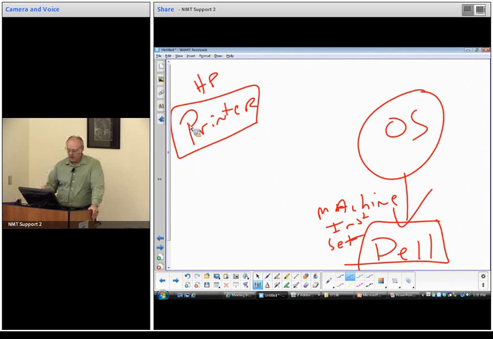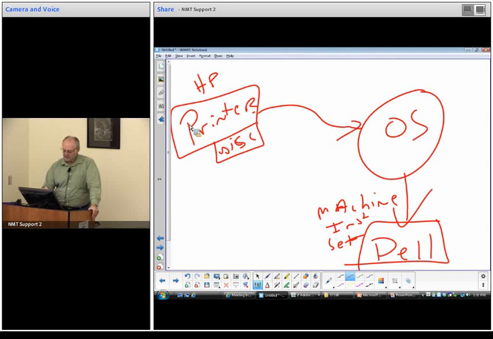So you buy a printer, and once upon a time, the printer had to come with a disk. Many of them still do, but they're usually not necessary. And when you plug this printer into your USB port normally these days, the operating system has to sense it. So somewhere in this printer, there's some kind of code that says, I'm an HP 123 printer.